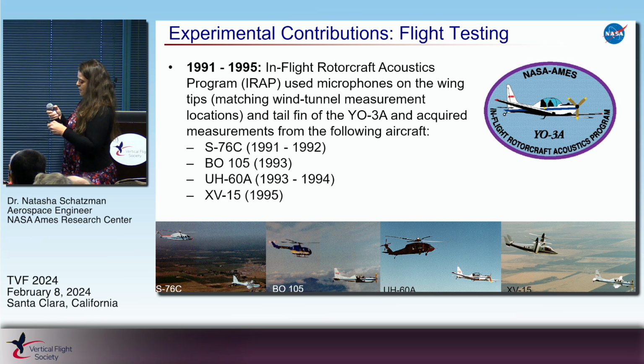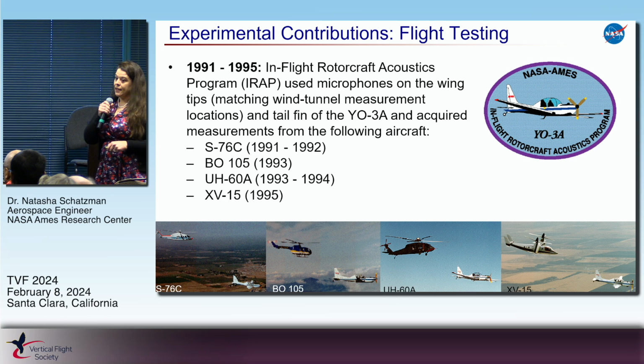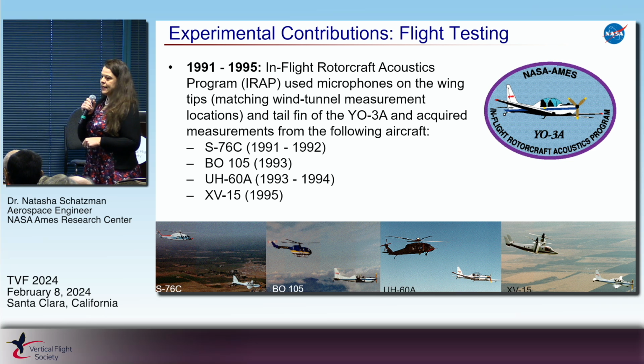If you look at the bottom here, in 1991 through 1992, they acquired measurements from the S-76C. Then in 1993 from the BO-105, and then moving on to the UH-60A from 1993 to 1994. And then finally they said, oh, let's do some tilt rotor stuff. So we have the XV-15 in 1995.